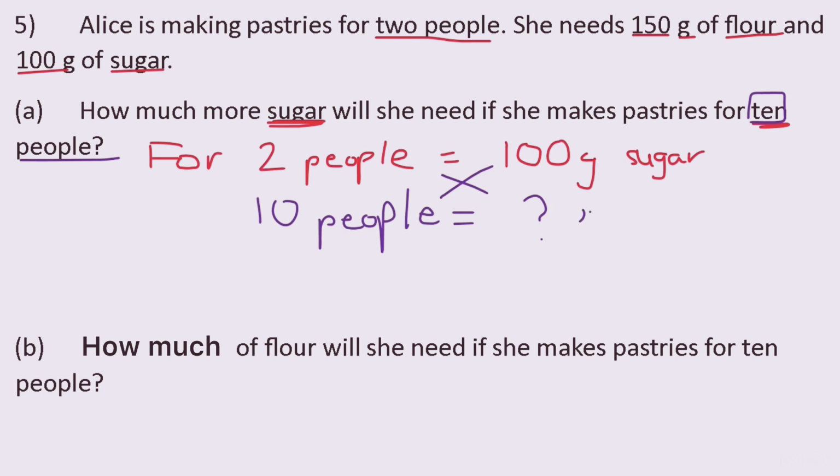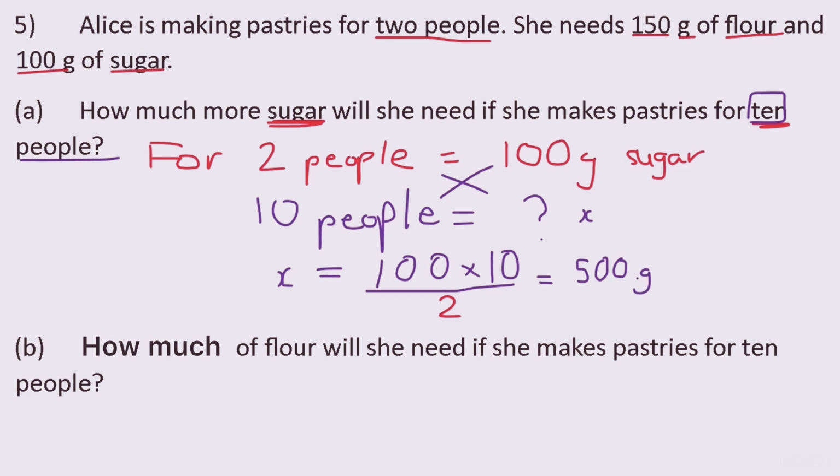So x is equal to 10 into 100 divided by 2, and this will give us 500. Yep, 500 grams. So yeah, 500 grams of sugar for 10 people.